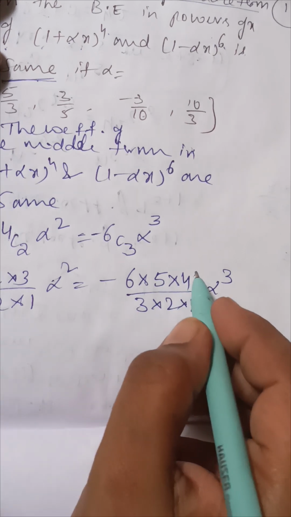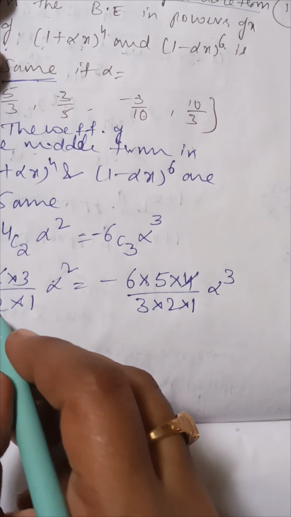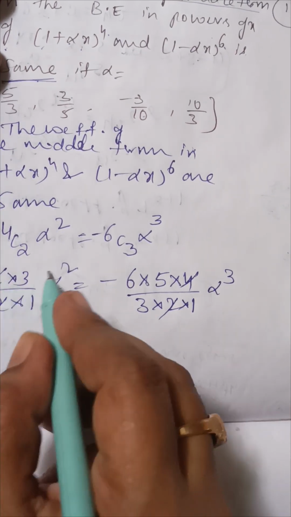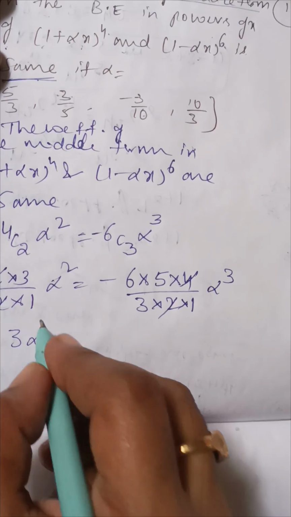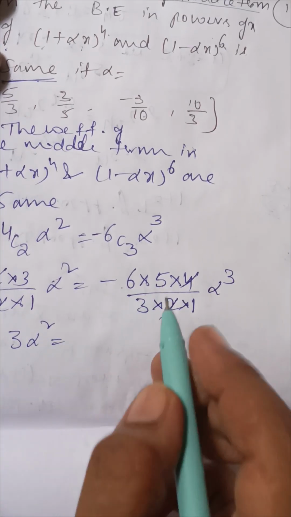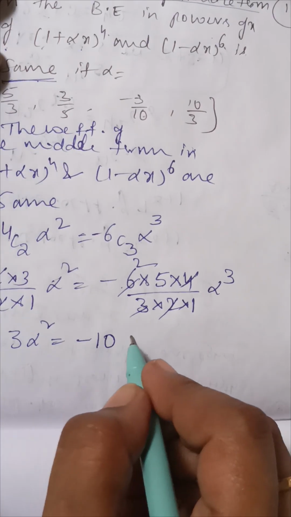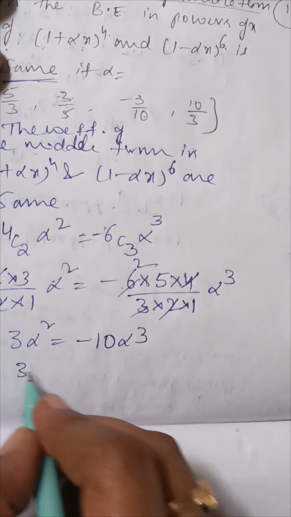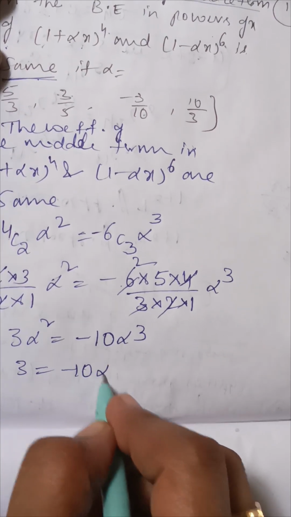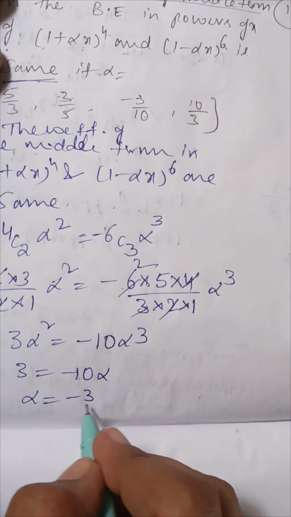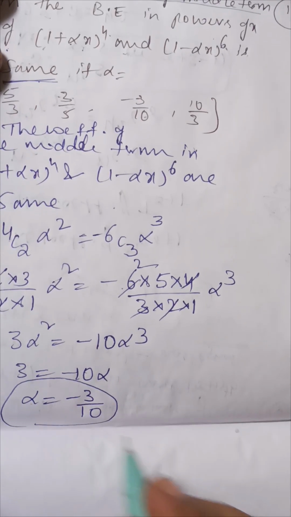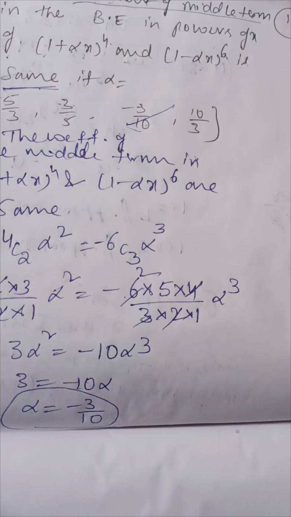Both sides you can cancel. So 3α^2 equals minus 10α^3. So 3 equals minus 10α. α is minus 3 by 10. So minus 3 by 10 is the answer.